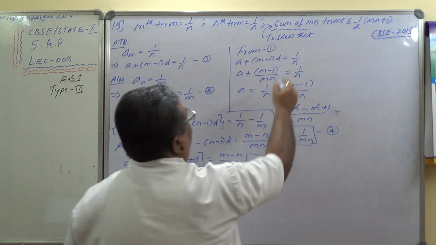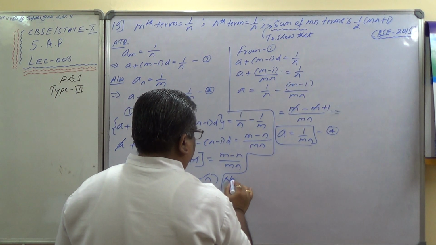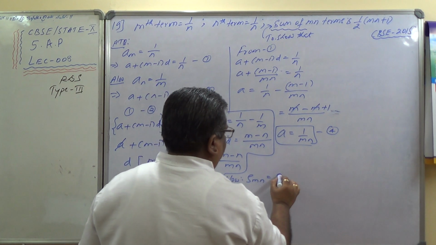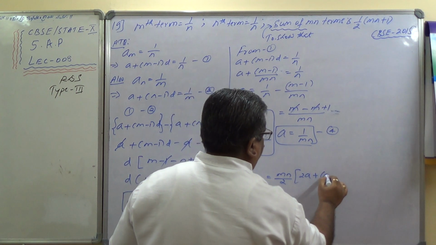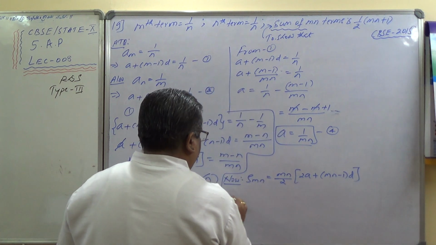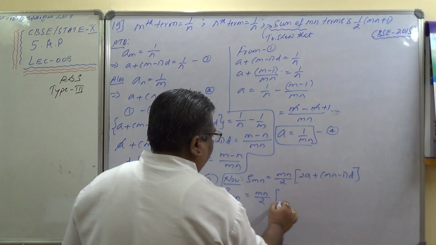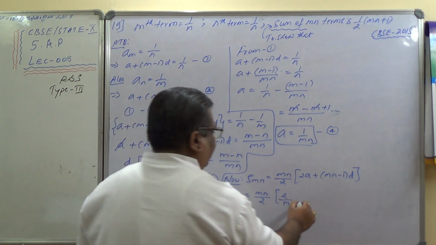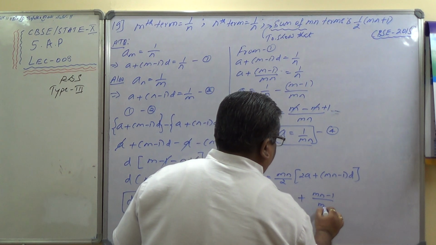Next, what is it that we have to show? Sum of mn terms is equal to. Now S_mn equals mn by 2 times (2a plus (mn minus 1) times d). So S_mn equals mn by 2 times (2 times 1 by mn, because a is 1 by mn, plus (mn minus 1) times d, which is 1 by mn).